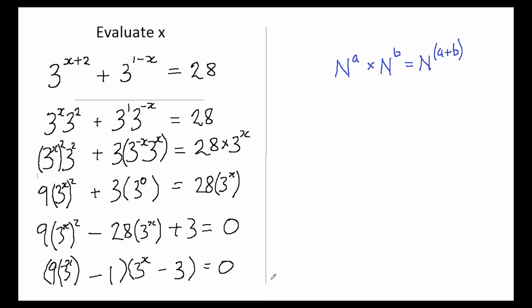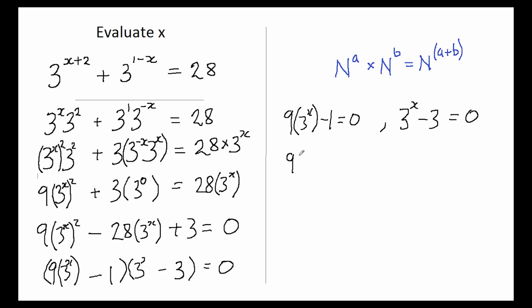So that works. We can now say that either 9 lots of 3 to the x minus 1 equals 0, or 3 to the x minus 3 equals 0.